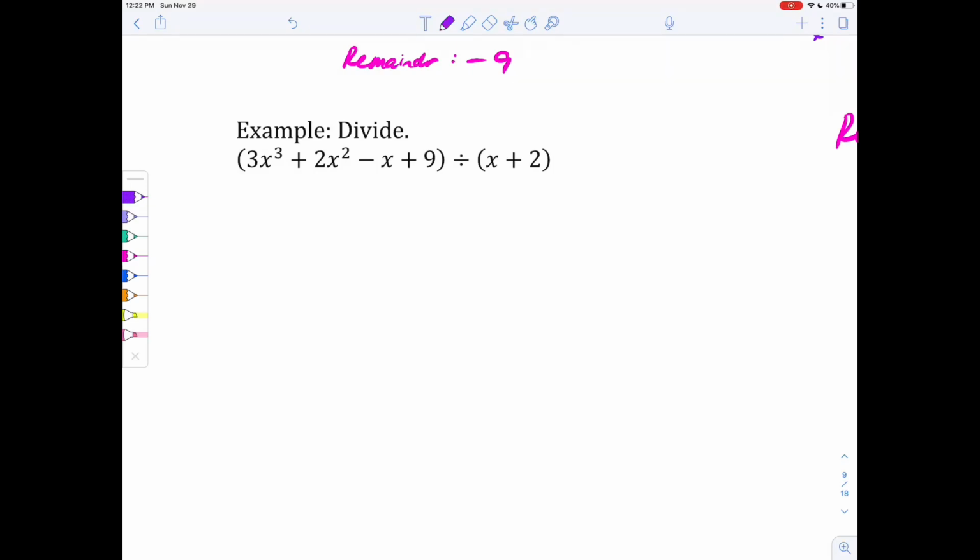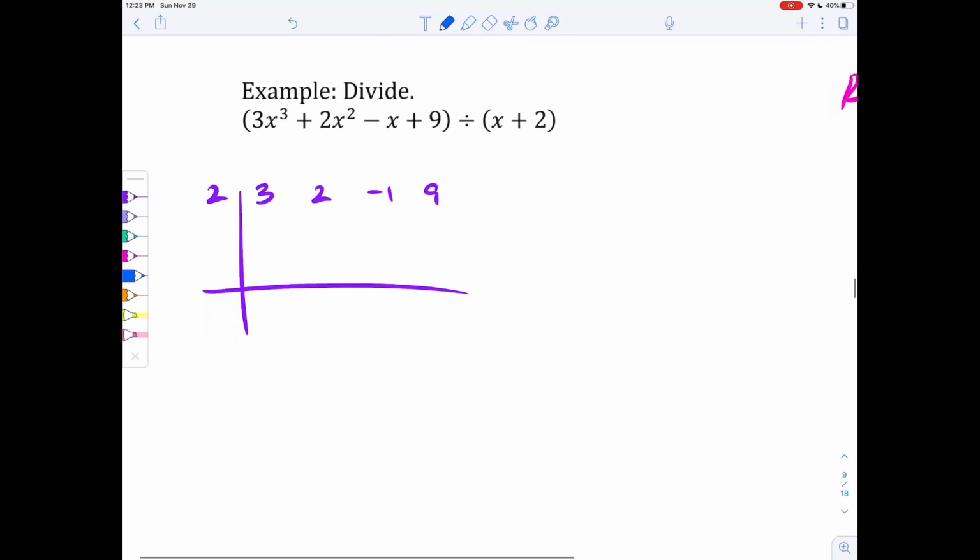In any case, here I go. There's 3, 2, -1, and 9. Dividing that by x plus 2. So again, I won't be describing all my down and up things. I'll do it with my words.